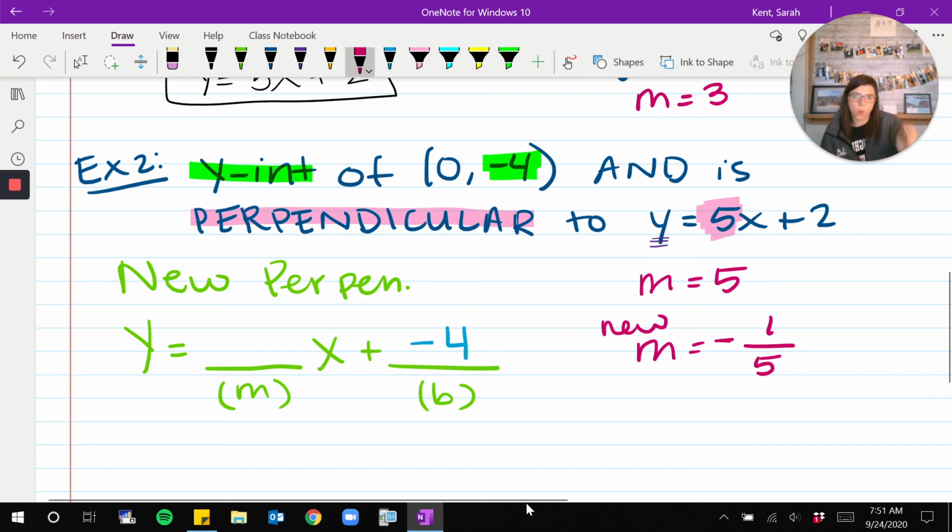Anytime it's a whole number, it's always going to be a 1 on top. So for my new slope, I would have negative 1 over 5. For my final answer, I'm going to end up with y equals negative 1 over 5x, and then when I have this plus a negative, I can just put minus 4.